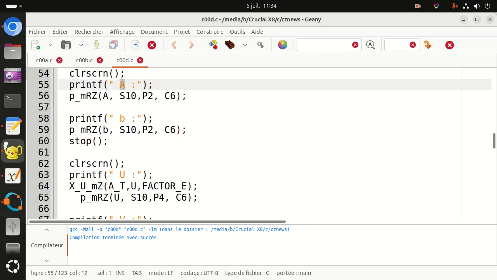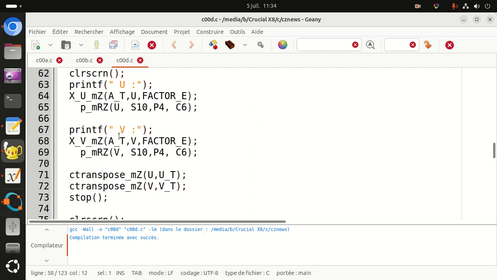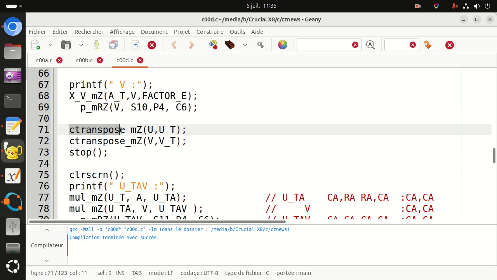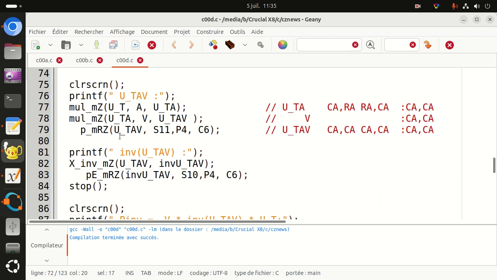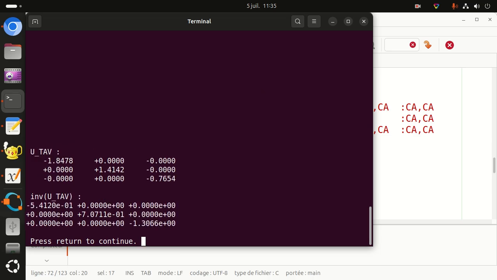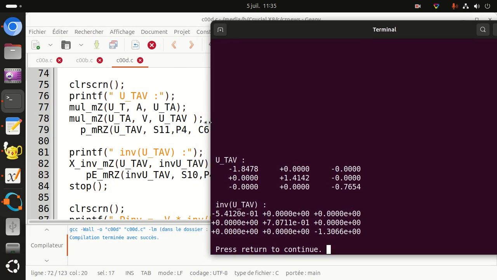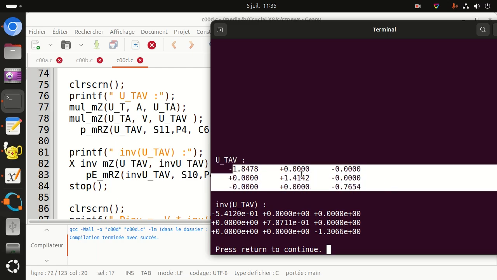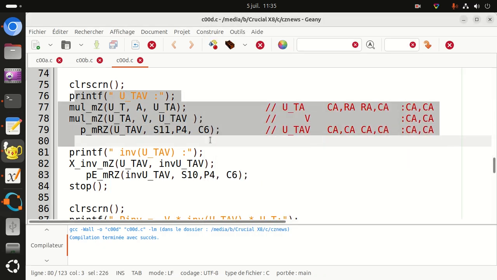You print here A, you print here B, you compute here U, you compute here V, you compute the conjugate transpose of U and the conjugate transpose of V. Now if you multiply the conjugate transpose of U by A by V, you have a diagonal matrix.